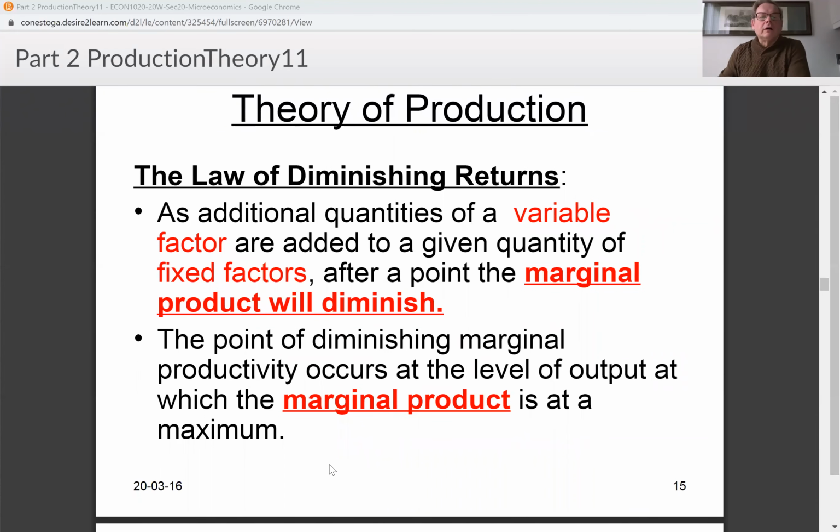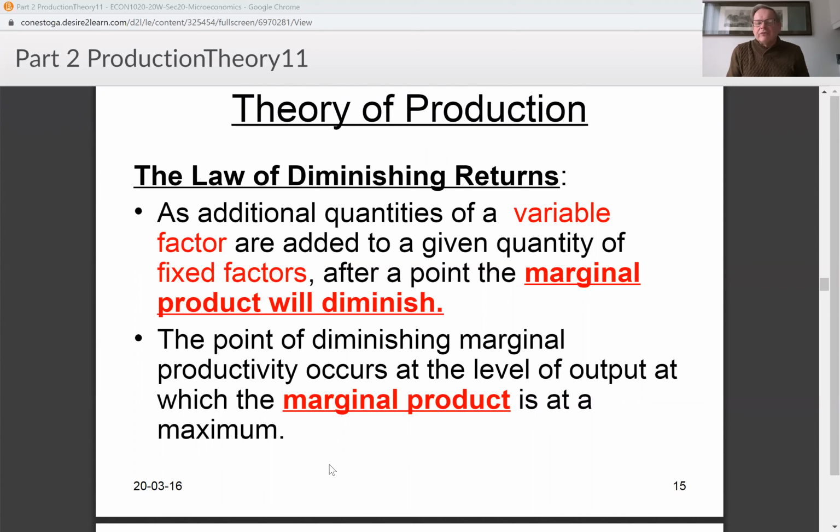And here's the law of diminishing returns. As additional quantities of a variable factor are added to a given quantity of a fixed factor, after a point, the marginal product will diminish. What is the variable factor in our example? Well, hopefully you said to yourself, labor, and the fixed factor is the land.